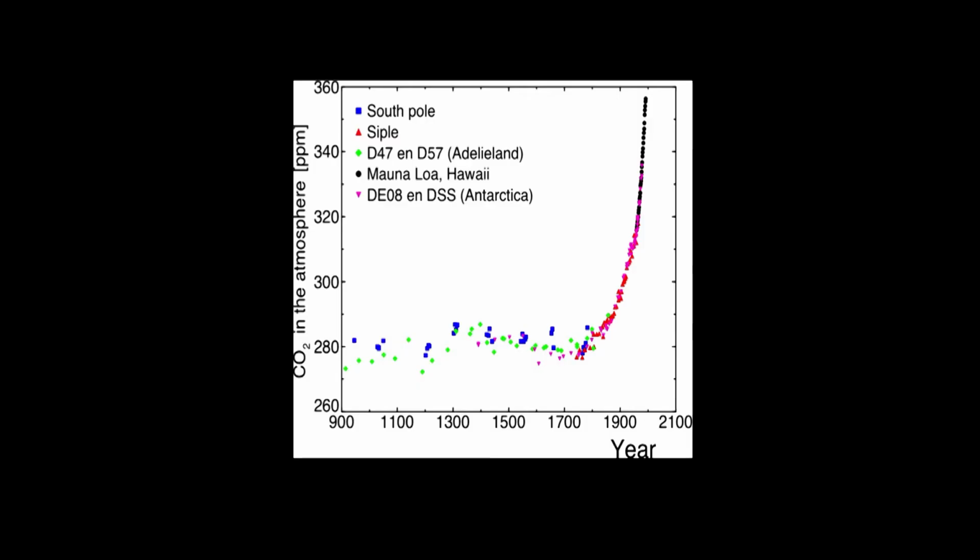This is principally ice core data going back in time and atmospheric data from Hawaii that comes out of principally the NASA Goddard lab in the US. And we've shown that we've clearly got this massive increase in carbon dioxide, which is a greenhouse gas, in the atmosphere since the Industrial Revolution.